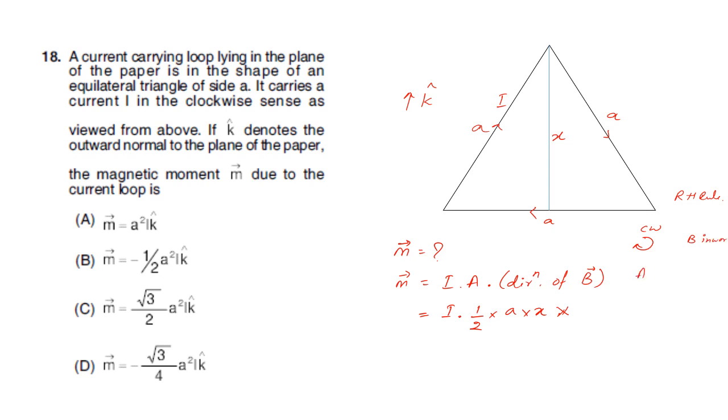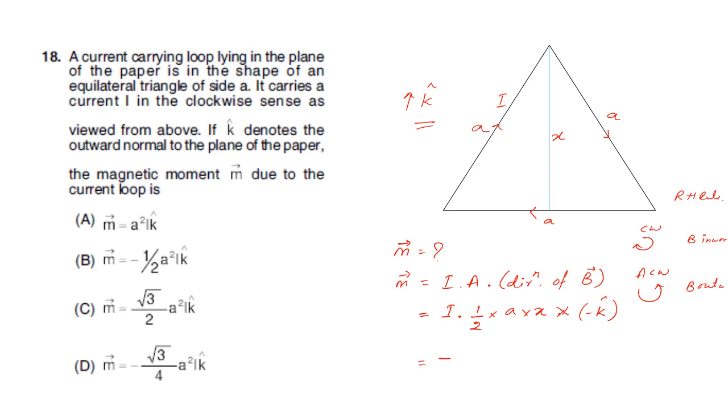If it is anti-clockwise then B will be outwards. Therefore here we can take direction of B as minus K, because K is the outward normal. Since B is in inward direction, we take minus K.